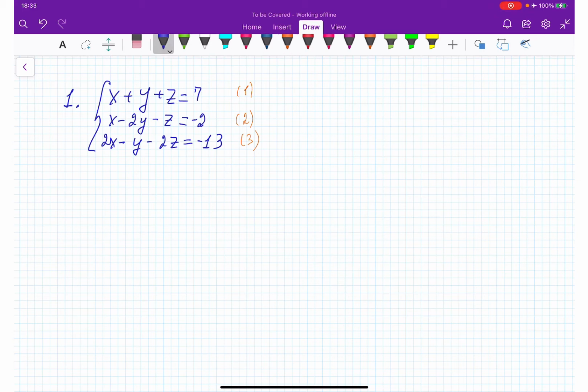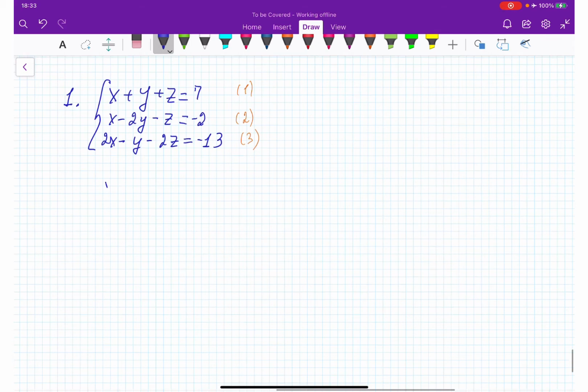Let's do it. x plus y plus z is equal to 7, and x minus 2y minus z is equal to negative 2.